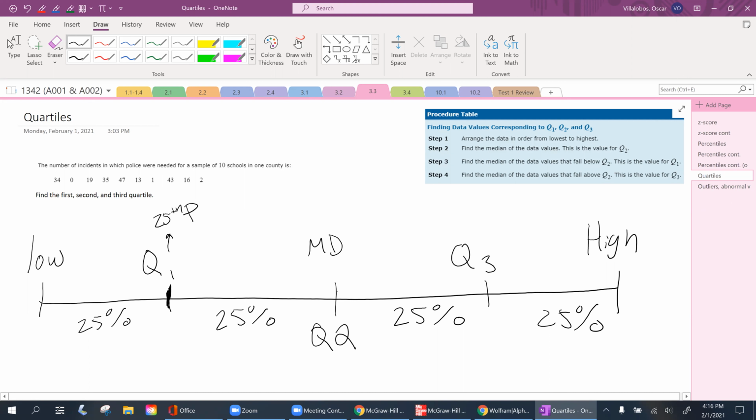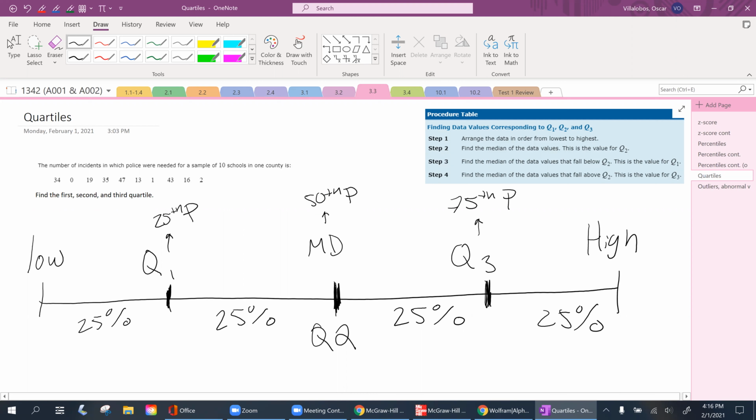Your Q2 is the same thing as your 50th percentile. And your Q3, what do you think? It's the same thing as your 75th percentile.